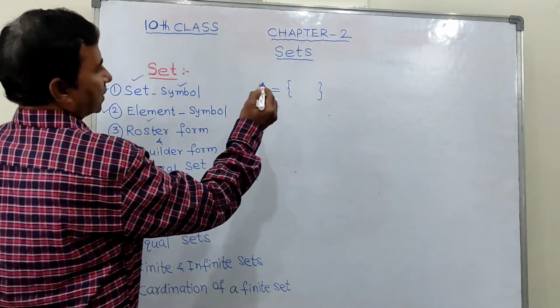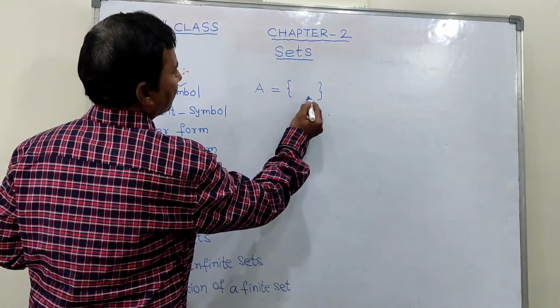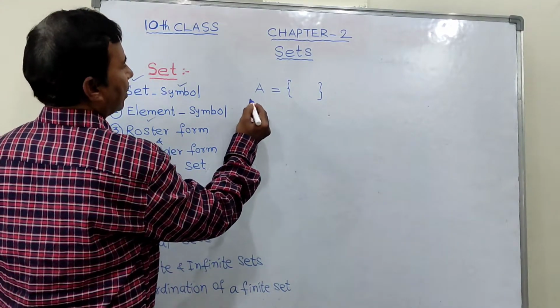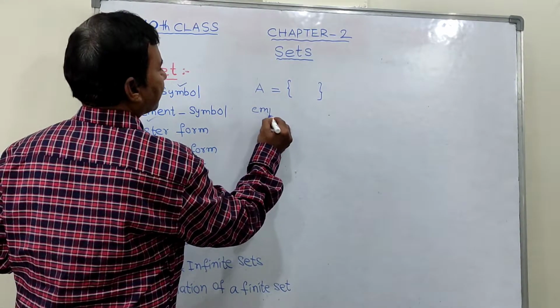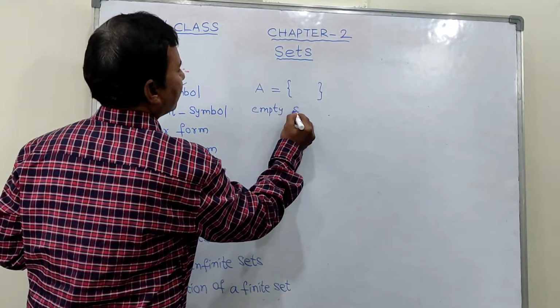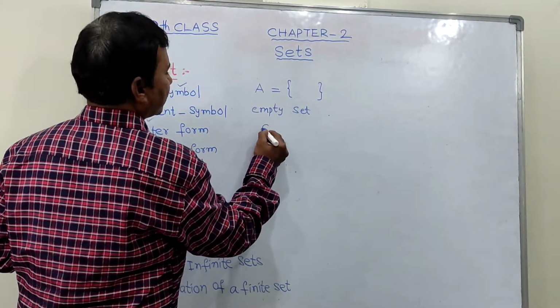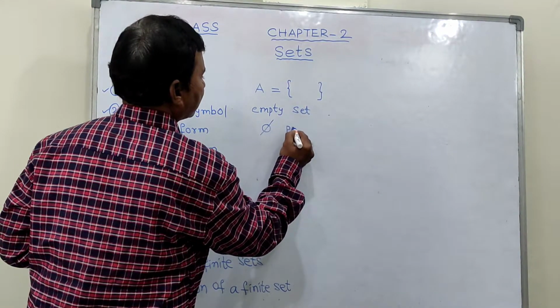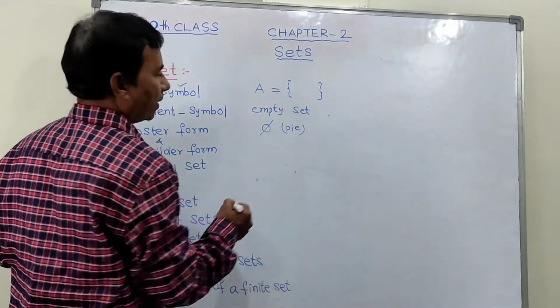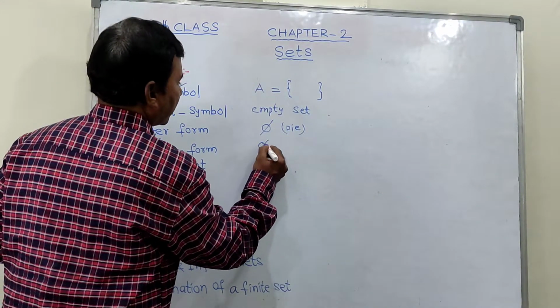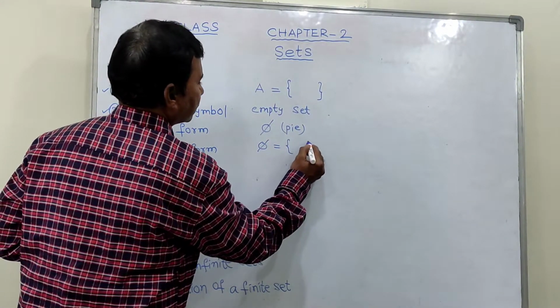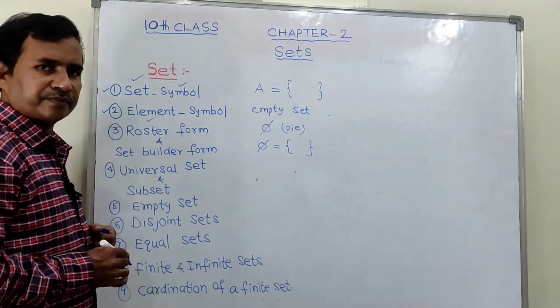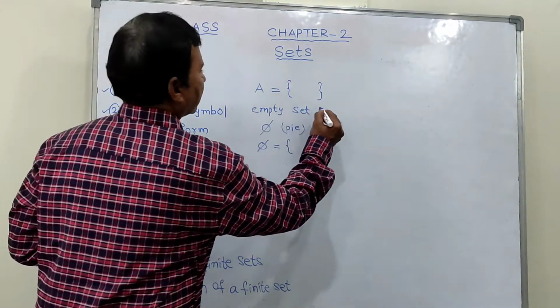So, the set which is not having elements in it is called empty set. Empty set always represented with the pi. This symbol we will call it as pi. We will write pi equals to null set. This is called as null set also.